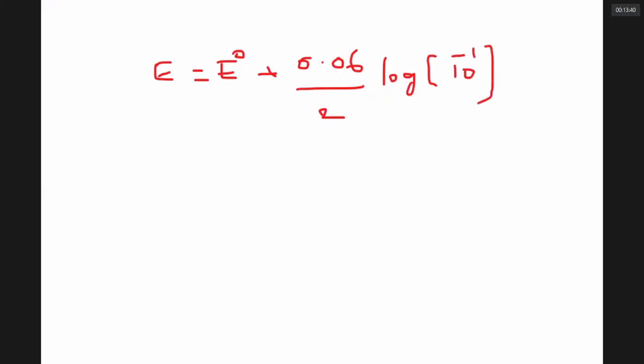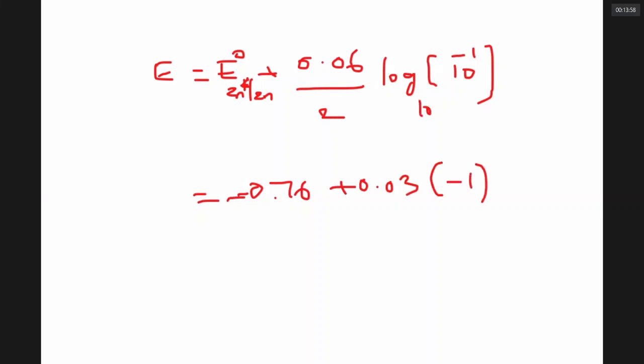It is Zn plus 2 by Zn. The value of that is minus 0.76 volts plus 0.03 into minus 1. Because log 10 base 10 to the power minus 1, if you bring the minus 1 in front, it will become minus 1 log 10 base 10. Log 10 base 10 is always equal to 1.